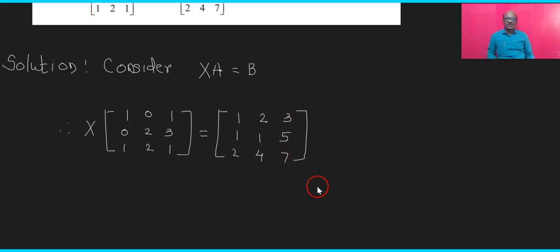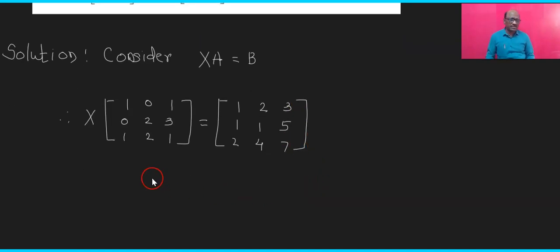Therefore we will apply the column transformation and make this matrix an identity matrix. Then we will get the matrix X.